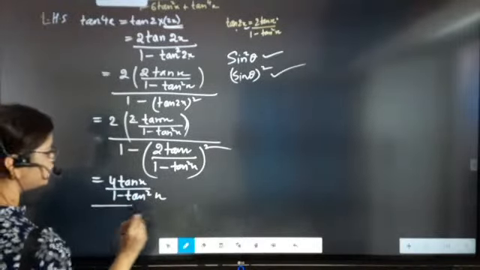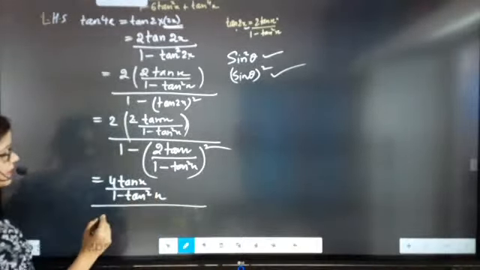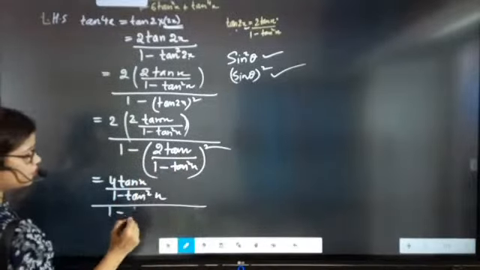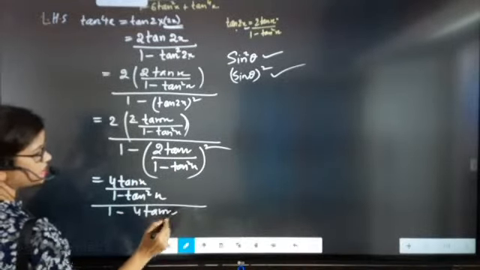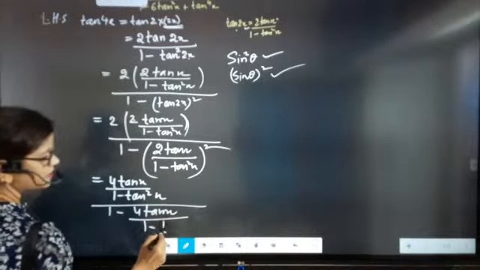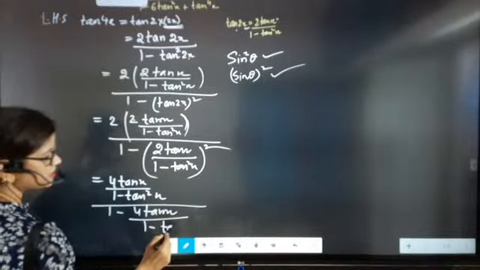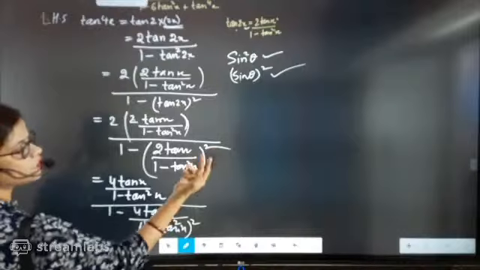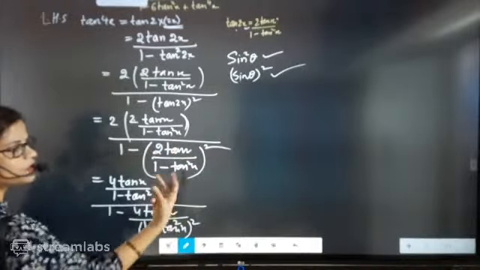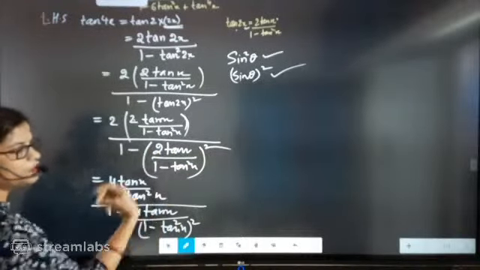Now beta, what will this denominator part become? Here it is 1 minus 2 2s are 4 tan x by 1 minus tan square x whole square. Yes or no? Because beta, this square will be distributed in the numerator also, and this square will be distributed in the denominator also.